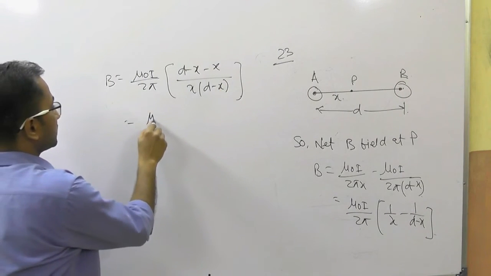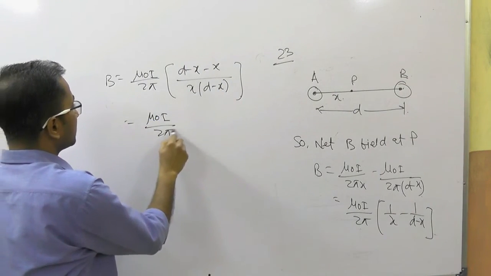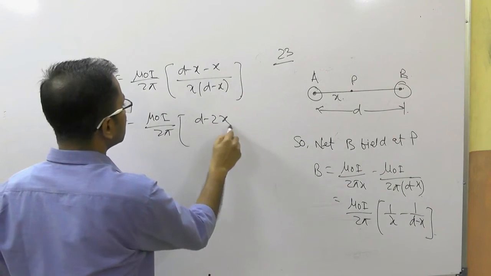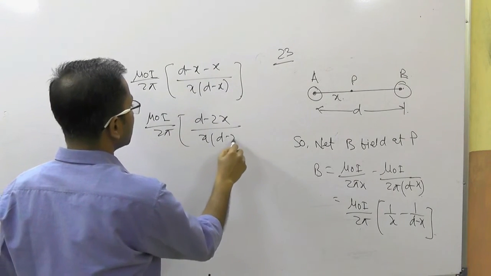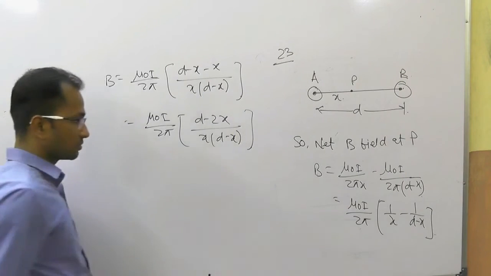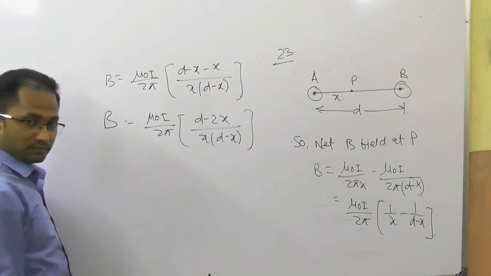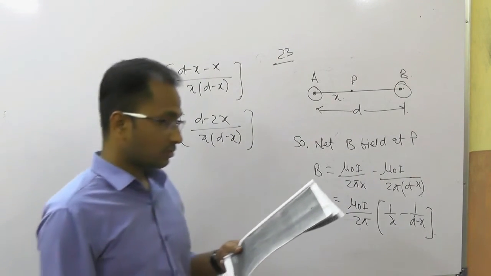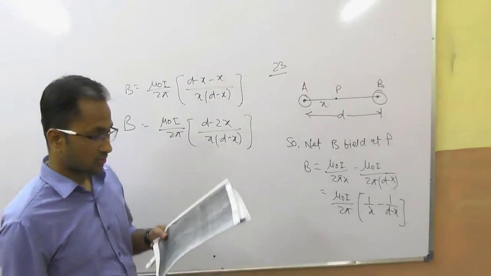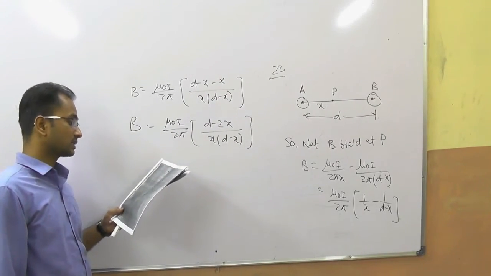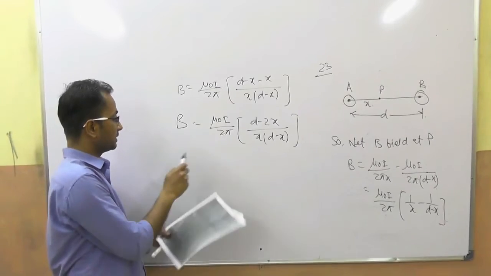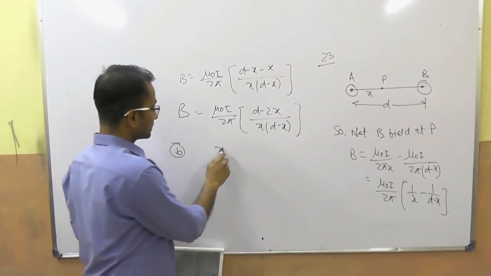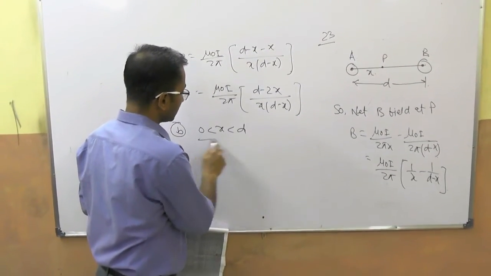So it will become mu naught I by 2 pi, (d minus 2x) by x(d minus x). The first question is to find the expression of the magnetic field. The second question is to show graphically the variation of the magnetic field with the distance x, where x is greater than 0 and less than d.